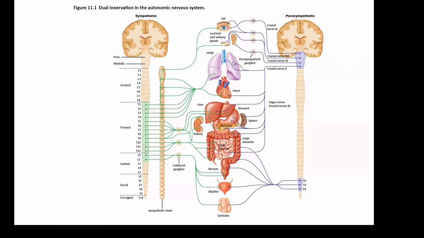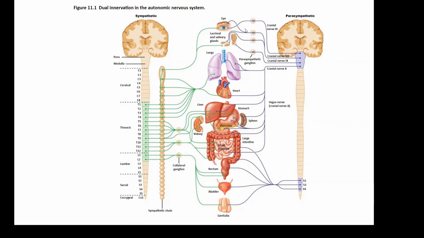You'll notice the eye is getting some little green lines from the sympathetic nervous system. It's getting some little purple lines from the parasympathetic nervous system. So this is that idea about dual innervation, right? Any one of these organs is getting nervous input from both the sympathetics and the parasympathetics. So that's one thing that we can note here from this diagram.